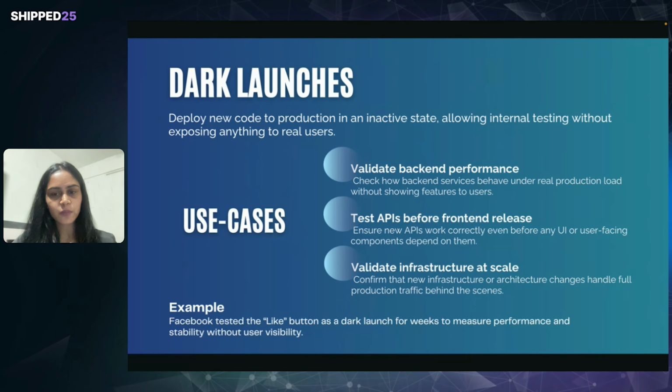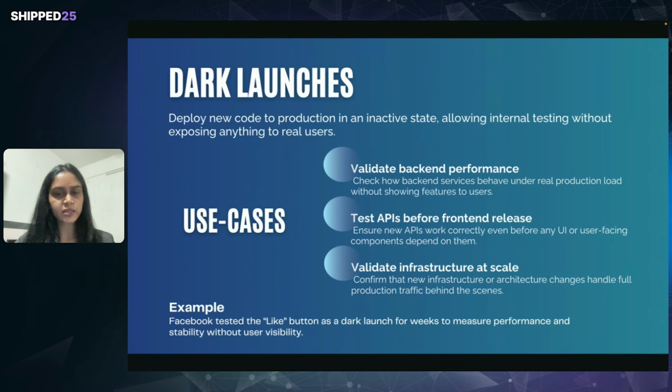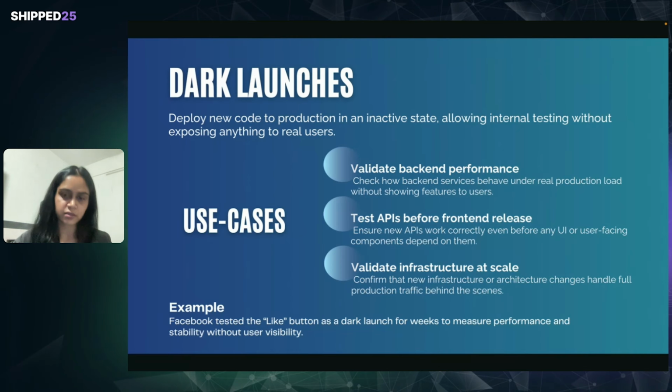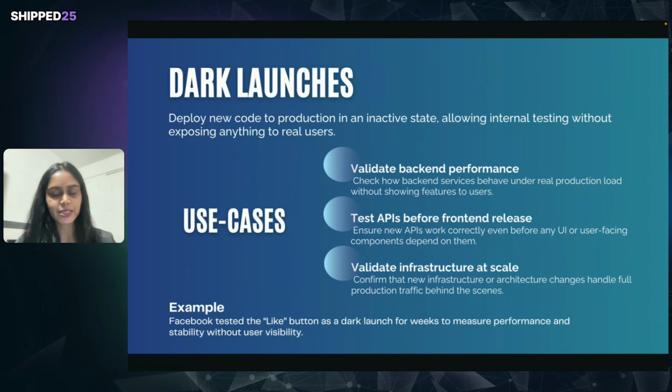They dark launched it for weeks before rolling it out publicly, so they could test the performance, check the stability, and check the behavior. They could check everything happening behind the scenes. That is what dark launches are and what different use cases they support.